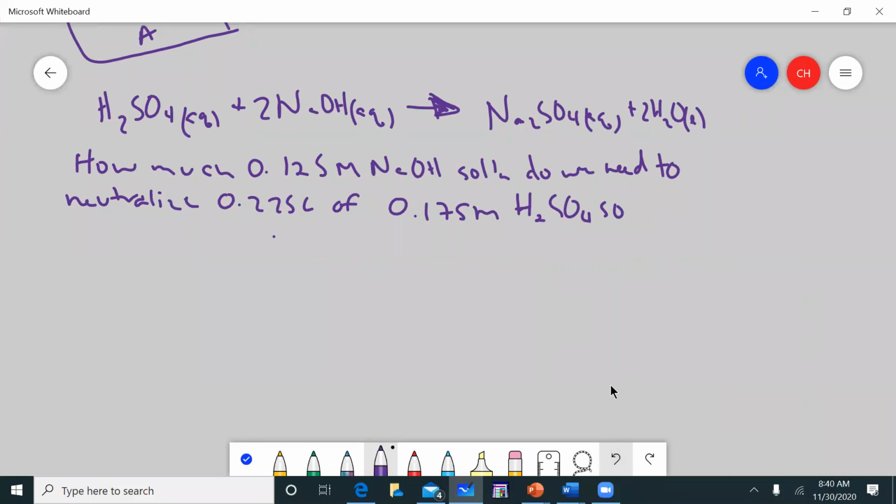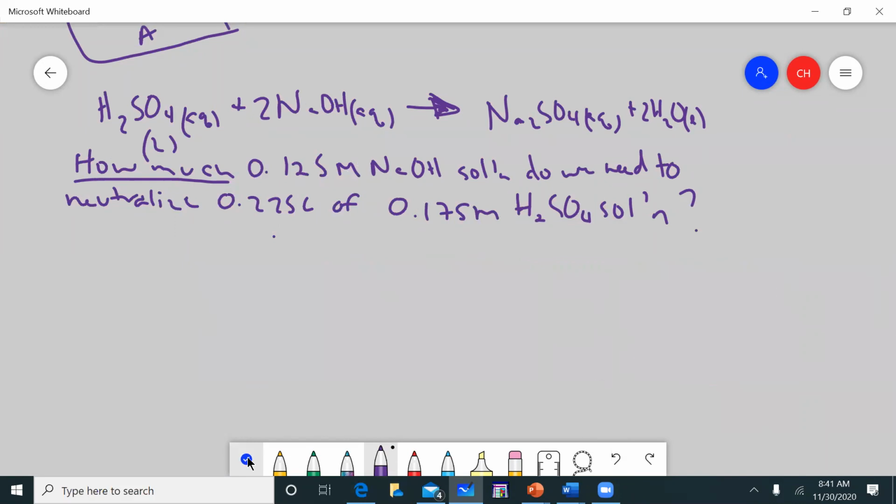All right, so when looking at this problem, it's saying how much, and when they say how much, they're talking about liters. Okay, how much, and this is referring to liters of this concentrated solution do we need to neutralize a certain amount of this H2SO4?